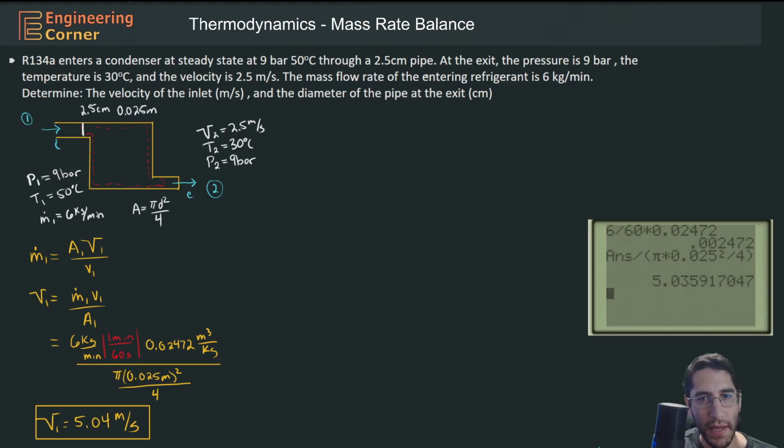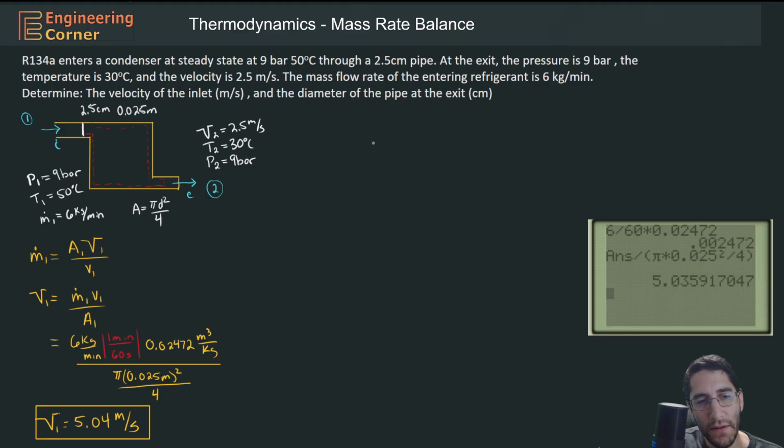Now let's look at part B. And in part B, we're asked to figure out the diameter of the pipe at the exit. Well, we're not given any information in the problem description about the mass flow rate at the exit, so I can't right away use this equation.